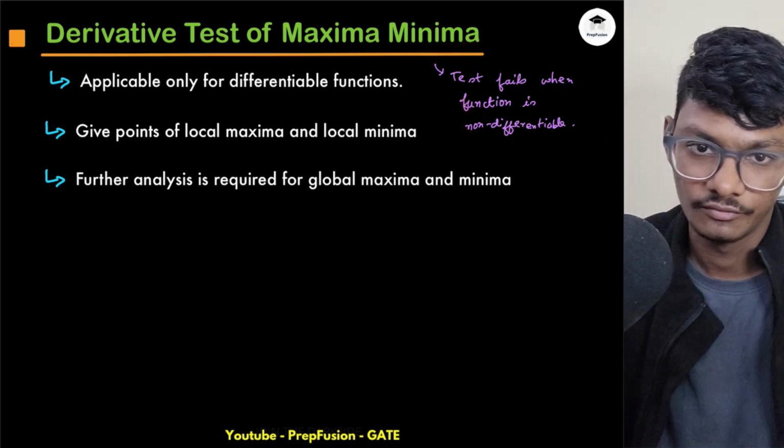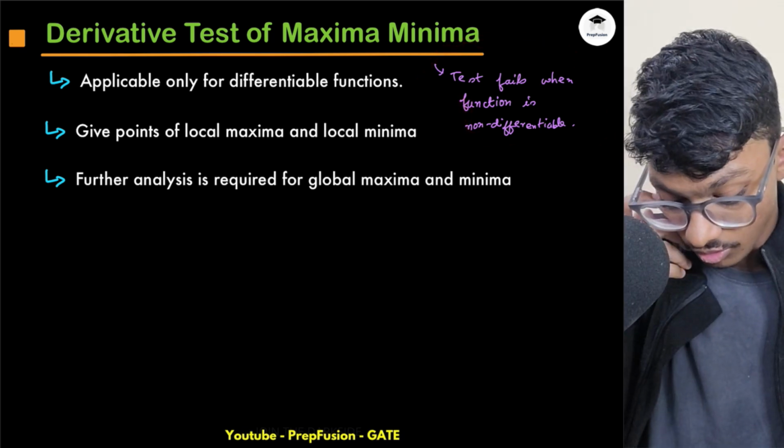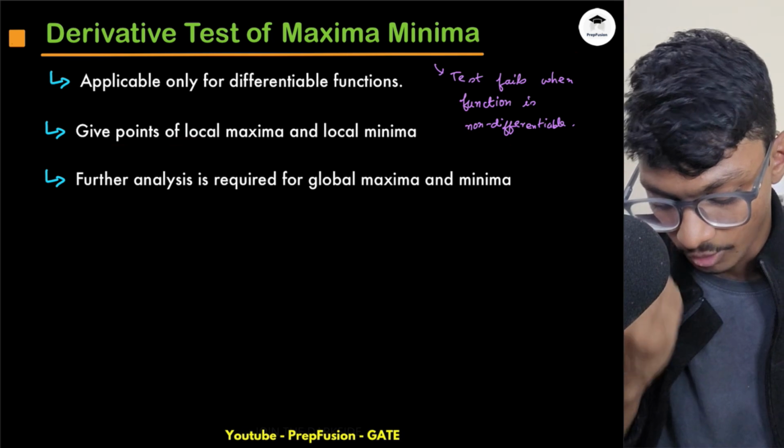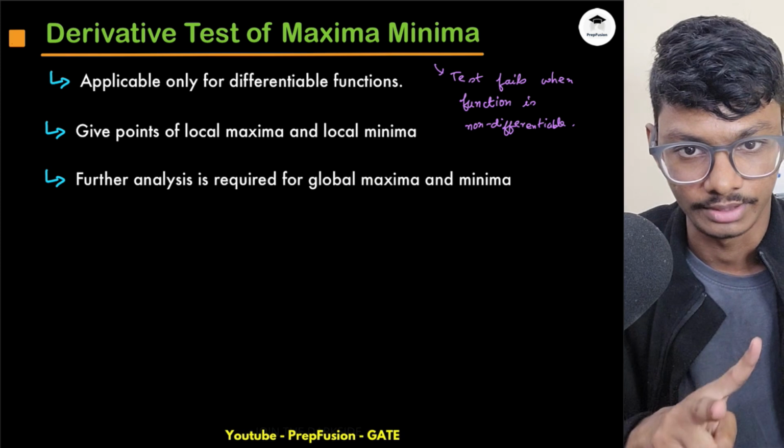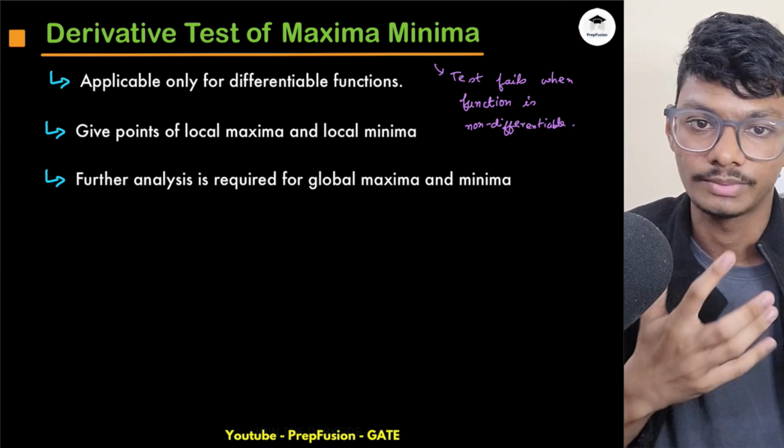This gives the points of local maxima and local minima. Further analysis is required for global maxima and global minima. If you want to find global maxima and minima, further analysis is needed.